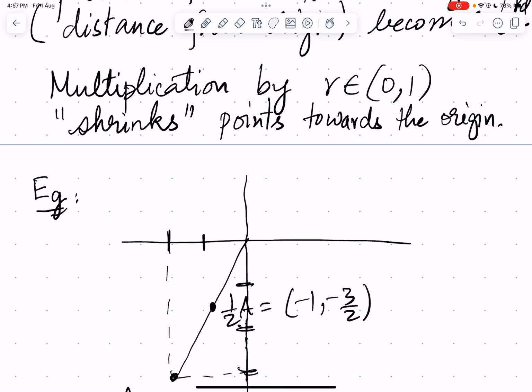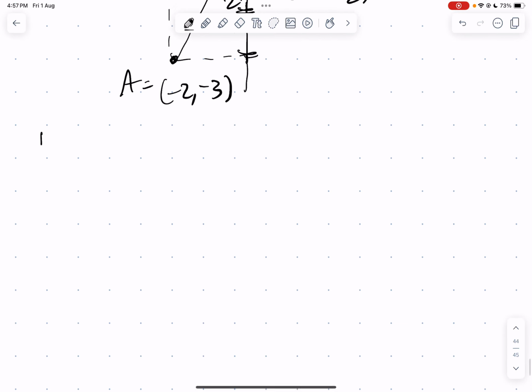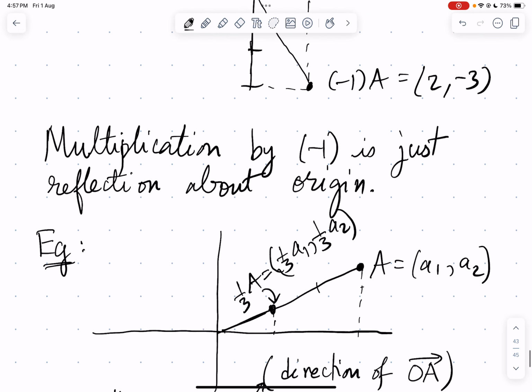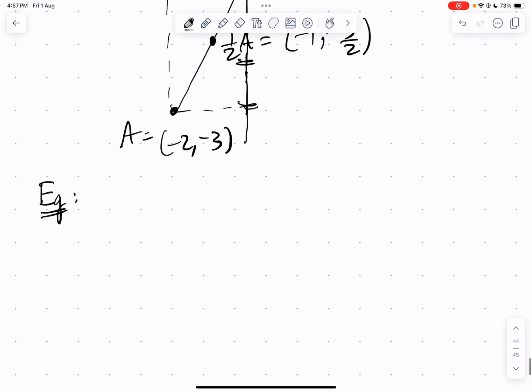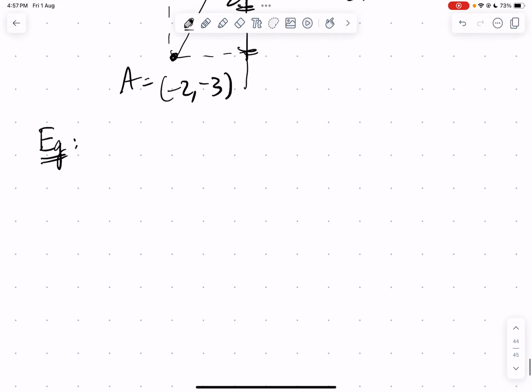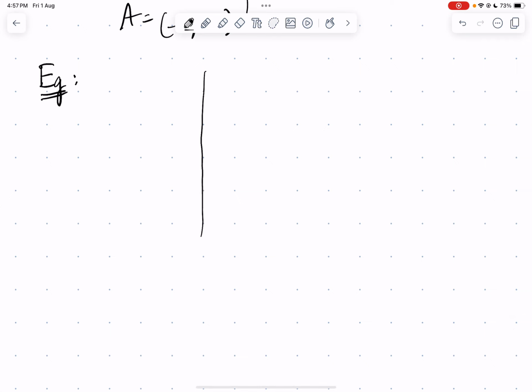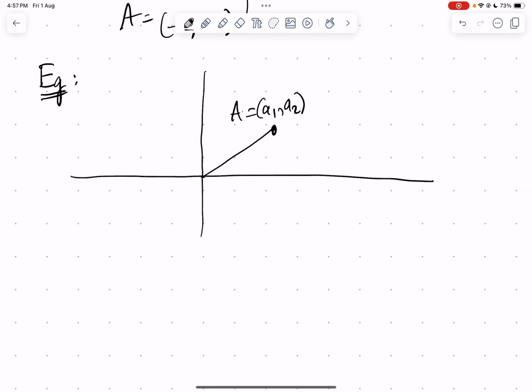Okay. So we looked at multiplication by -1, and we looked at multiplication by real numbers between 0 and 1. Now we can consider multiplication by real numbers greater than 1. It's the same thing. For example, if you have A = (a1, a2), then 3 times A is just (3a1, 3a2).